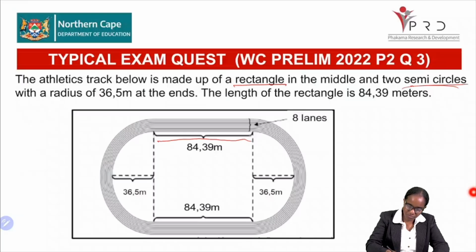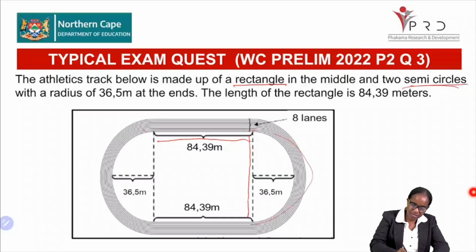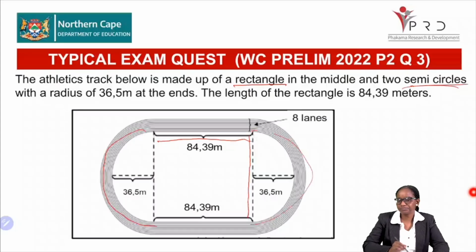The width we can obtain, I'm sure we are all able to obtain that. This is a semicircle. This is a semicircle. So since this is a semicircle, this gives us the radius. Same here. This is the radius. Now that we have the radius, we know that this becomes the diameter.